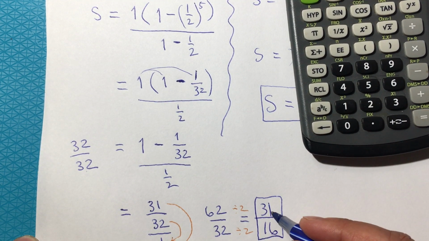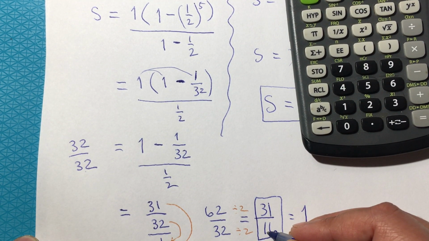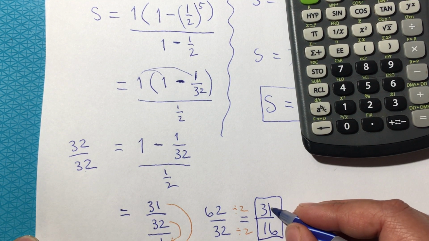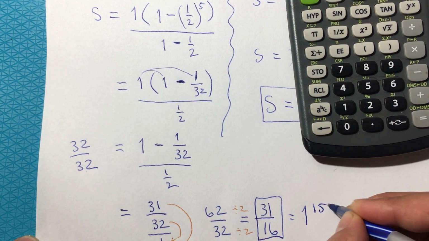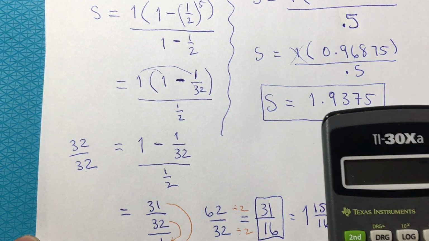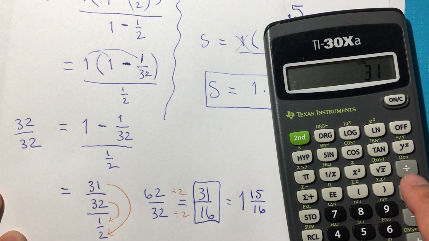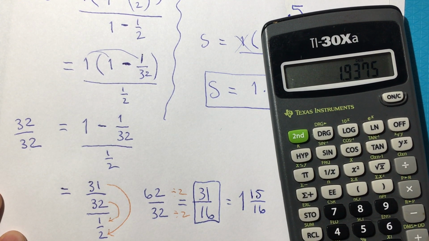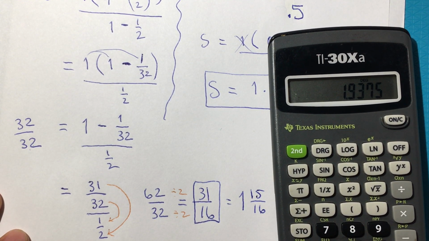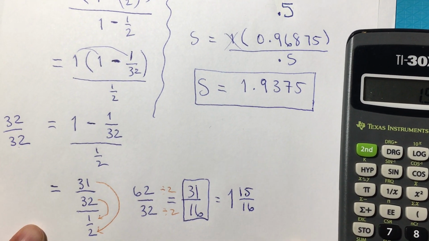Or you might want to divide, and it goes 1 times 16, 16 to 31, you have 15 sixteenths. Or you can just check to see that when you divide 31 by 16, it equals 1.9375, which is what we got in here as a decimal.